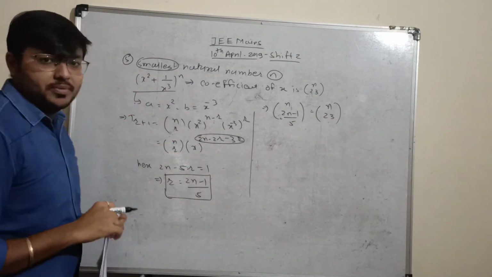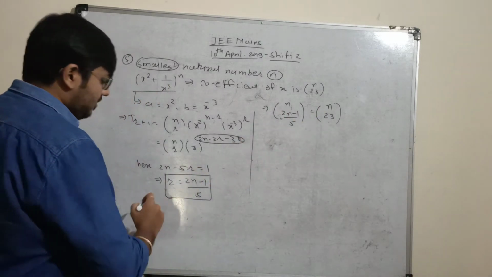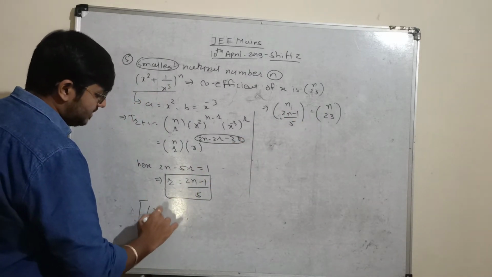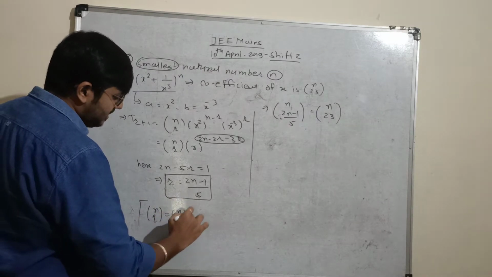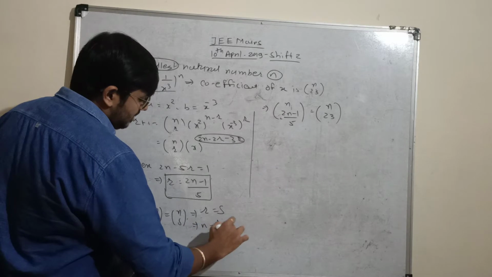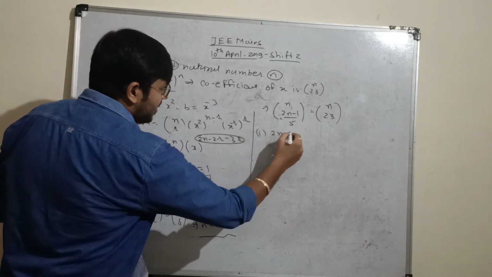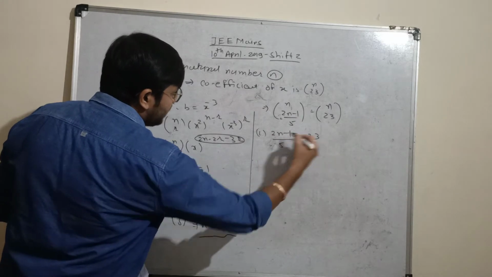Now we have two properties: if nCr equals nCs, let me write down that property over here. Either I can say r equals s or I can say n equals r plus s. By using these two properties, first let us compare (2n minus 1) C 5 equals 23.